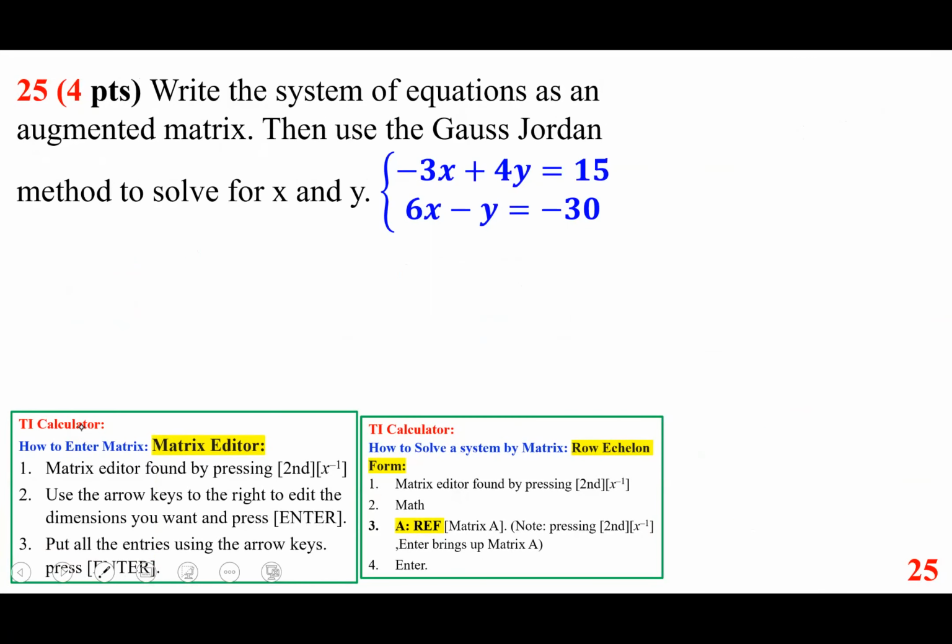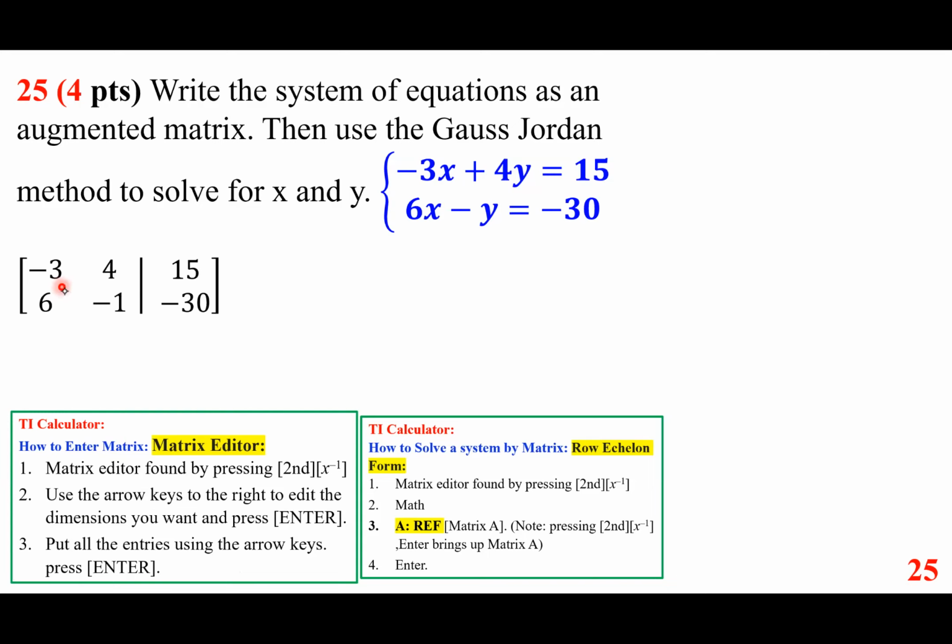Write the system of equations as an augmented matrix, then use the Gauss-Jordan method to solve for x and y. First and foremost, this is minus 3, 4, 15, and this is 6, negative 1, negative 30. You may do it with technology, but if you were to do it by hand, the methodology is to first make this one 1.